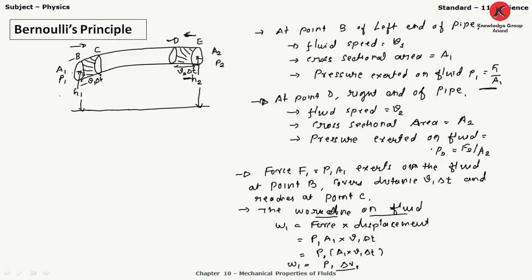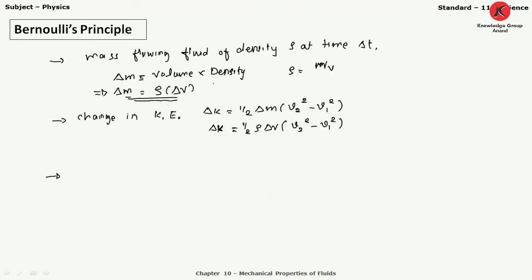Here we can see that on the left-hand side the height is h1 and on the right-hand side the height is h2. Due to this difference in height, we also have potential energy. So the change in potential energy, which is delta U, has the equation mg, where m is the change in mass, delta m.